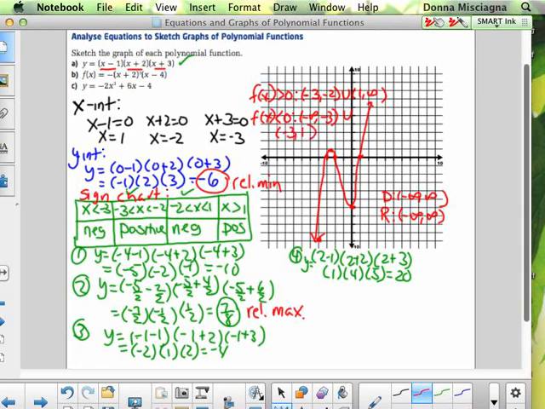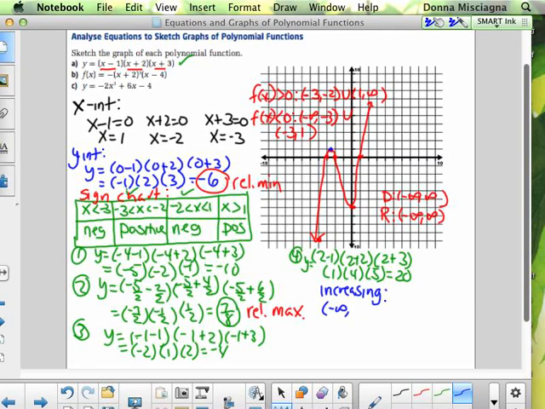We can also analyze where it's increasing and decreasing. It's increasing where our y values are getting larger. It's decreasing where our y values are getting smaller. So the graph is increasing from -infinity to our turning point.